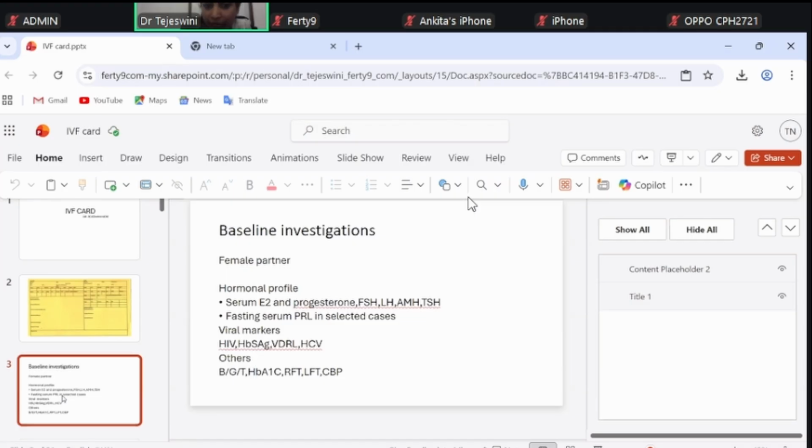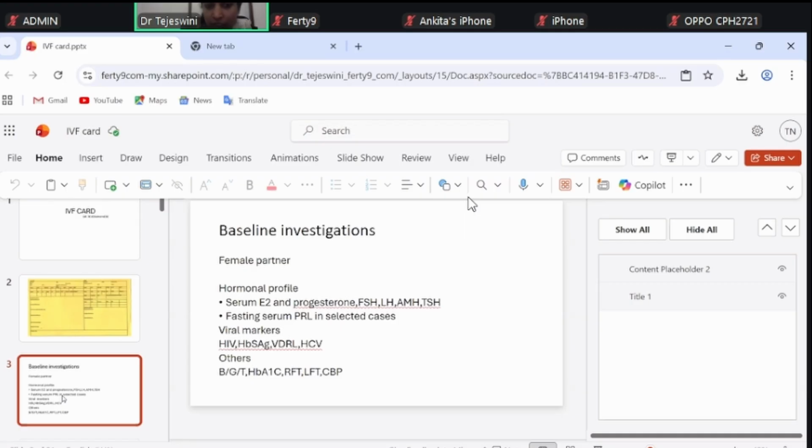Along with that, viral markers have to be mentioned specifically. And if there are any reactive cases, such cases have to be processed, and the cryopreservation of such cases has to be taken care accordingly.